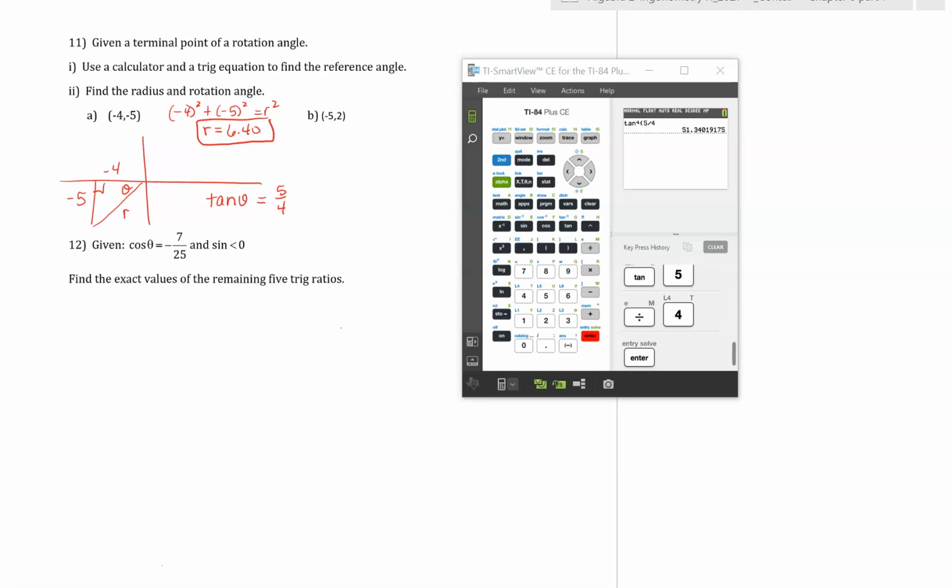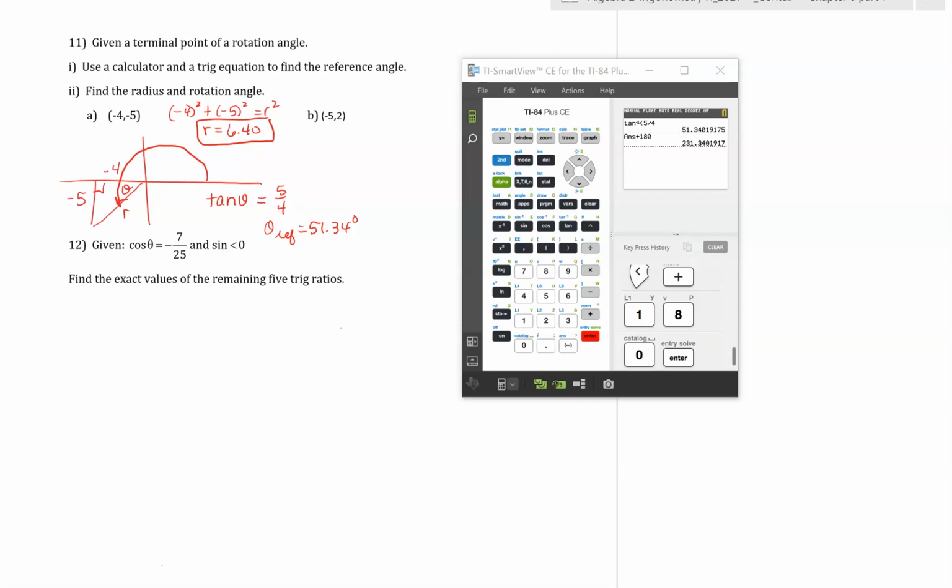My calculator is thinking that I'm in quadrant 1. So if my reference angle is 51.34 degrees, I could find the rotation angle, and since I'm in quadrant 3, I would have to add 180. My rotation angle is 180 plus the reference angle of 51.34, so 231.34 degrees.